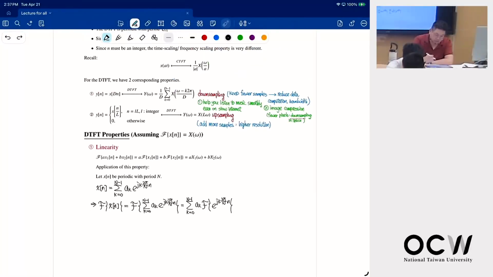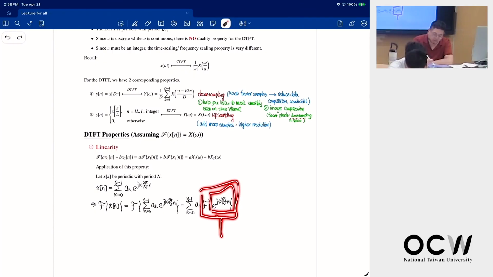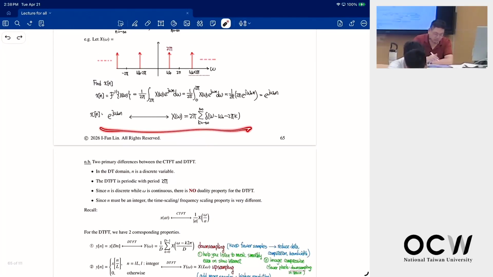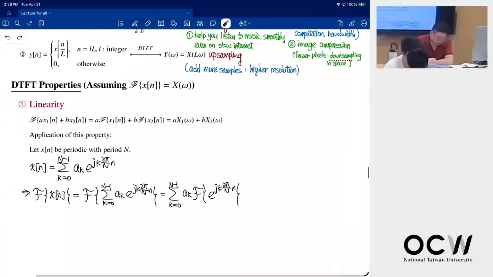What is the discrete time Fourier transform for this complex exponential?